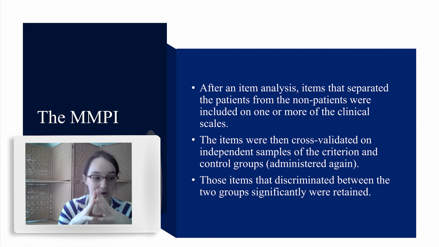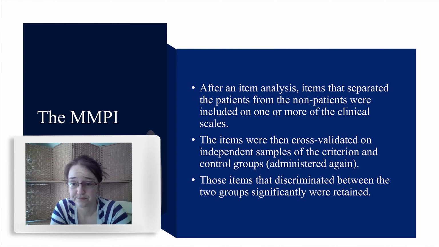They didn't rely on just one administration, thinking, oh, this question seems to distinguish, so let's keep it. No, they checked them. They cross-validated them to make sure that if it distinguished once, it would do it again. So they weren't just relying on chance. And so those items that discriminated meaningfully between the two groups were retained if they did it over both steps.